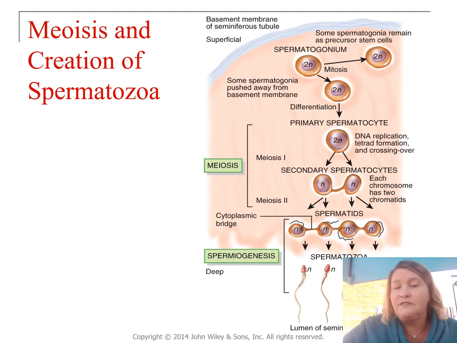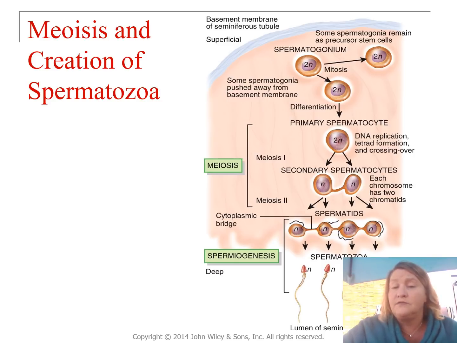Okay, this is just another view of just the developing cells. So it's the same idea. You have the spermatogonium up here, and once one of the divided cells becomes another spermatogonium, the other goes through the differentiation process. So from 2N to the primary spermatocyte, still 2N, right?